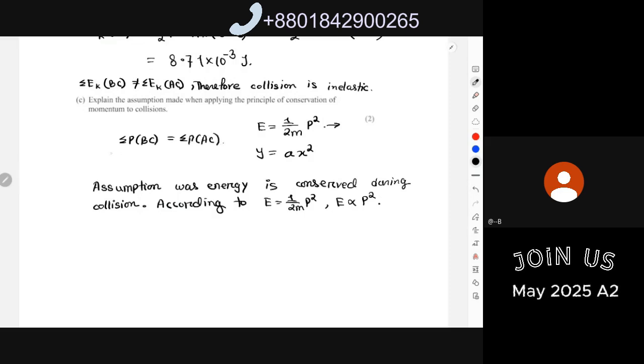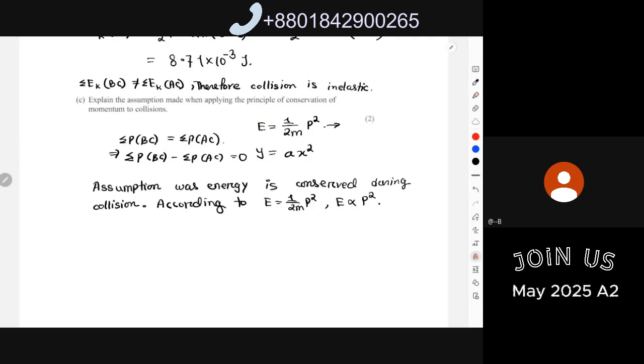If they are equal, then that means if you subtract them, you get zero. That's what is indicated by the term conserved. That means no momentum will be lost during the collision. And that is only possible when energy is also conserved.